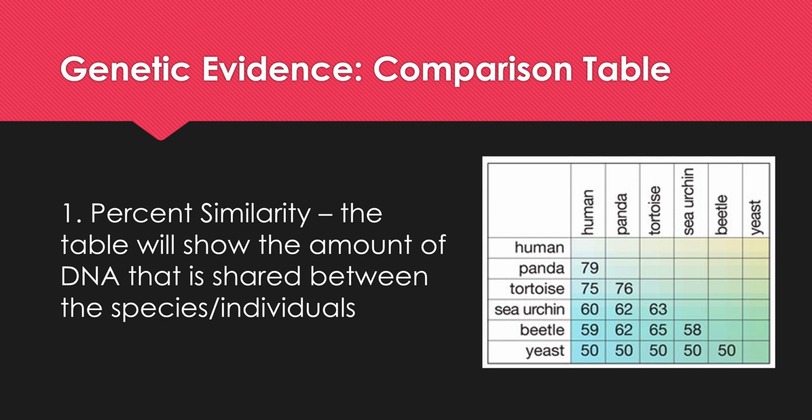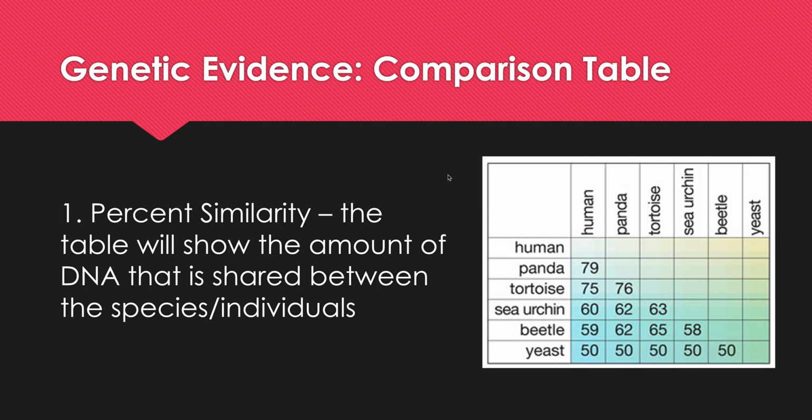And so you can figure out, okay, if we want to know who is most related to the sea urchin, right? The sea urchin has 60 with the human, 62 with the panda, 63 with the tortoise, and only 58 with the beetle and 50 with yeast. So that means the sea urchin is going to be most related to the tortoise of all of these species in the table. So you're looking for the highest number. The highest number means that they are the most related.